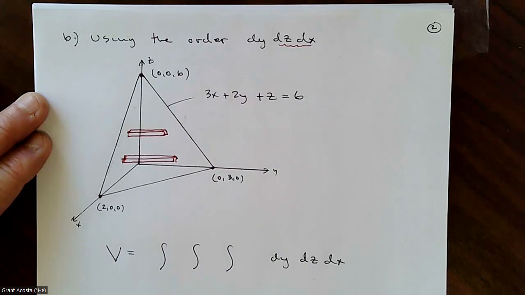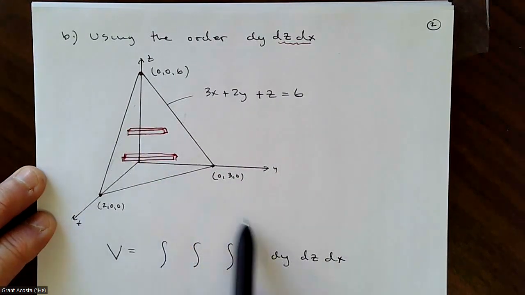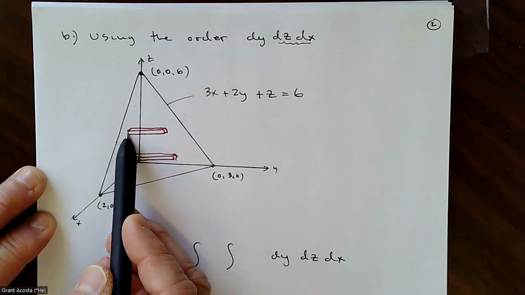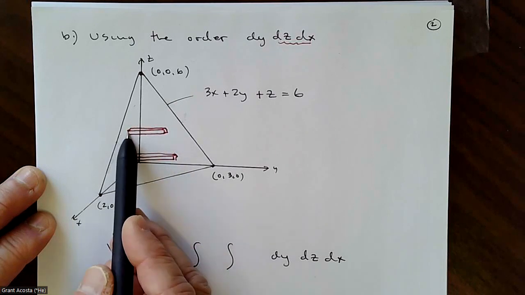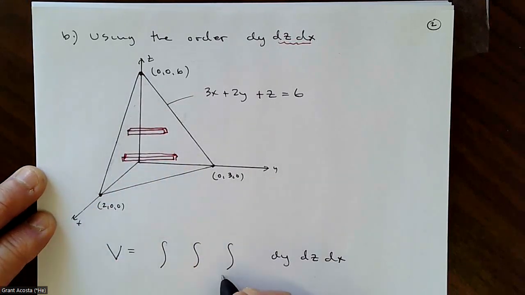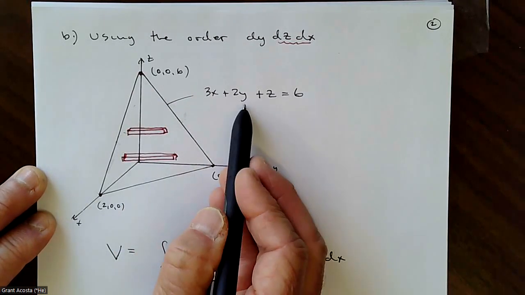And so in this orientation, we're going to start with y. For a given z and x value, in other words, any one of these points here in the xz plane, what does y stretch from? Well, this is also y equals 0, the xz plane. So that's my lower bound, y equals 0. And they stretch until I hit this plane.